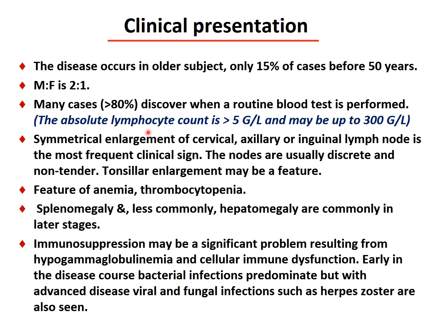Later on, when the organ manifestation starts, for example, enlarged cervical, axillary, or inguinal lymphoid nodes can be detected, a very frequent clinical sign. And that can be discrete or symmetric. Anemia and thrombocytopenia usually occur in the late stage only, not at the beginning. Very similarly for the splenomegaly and the hepatomegaly as well.